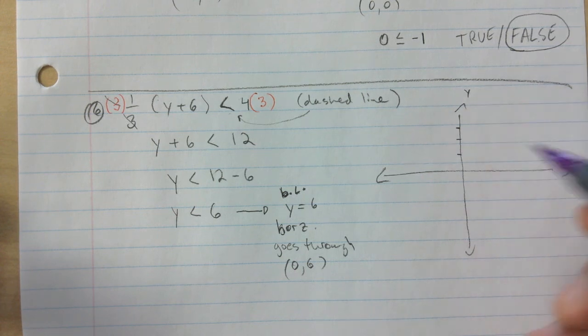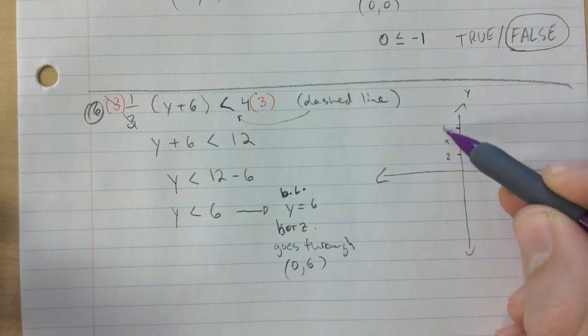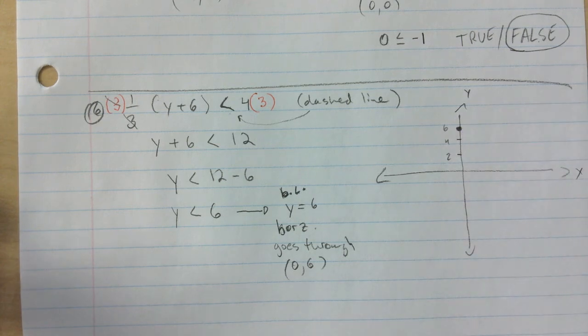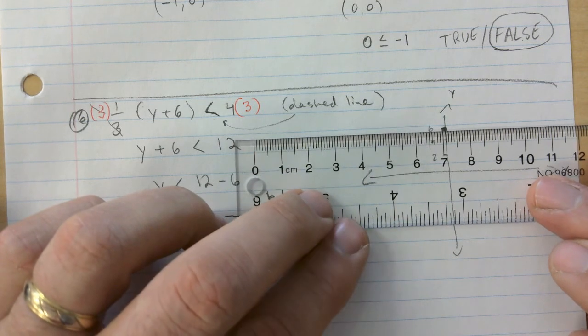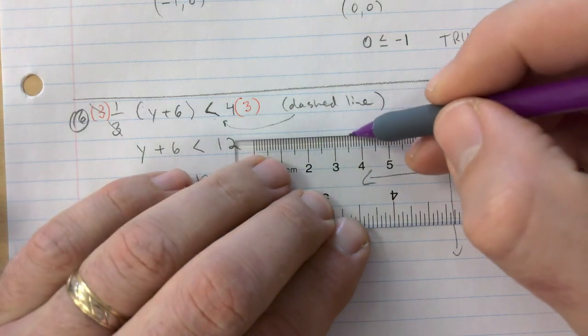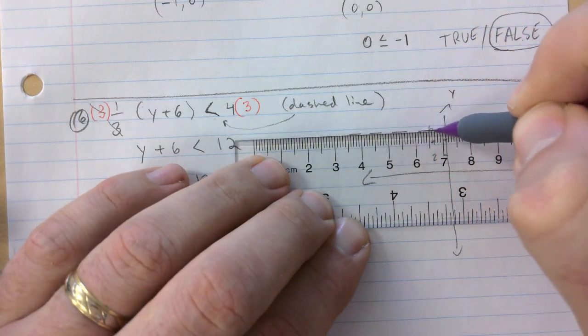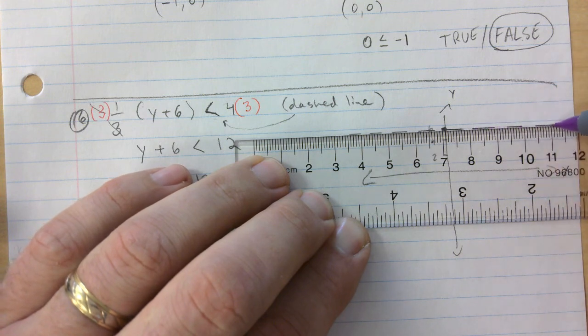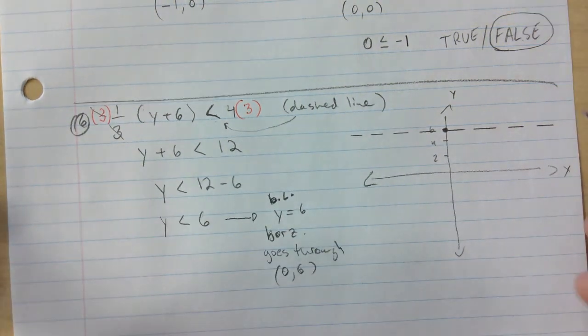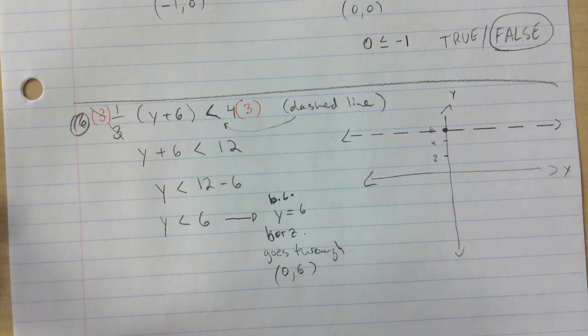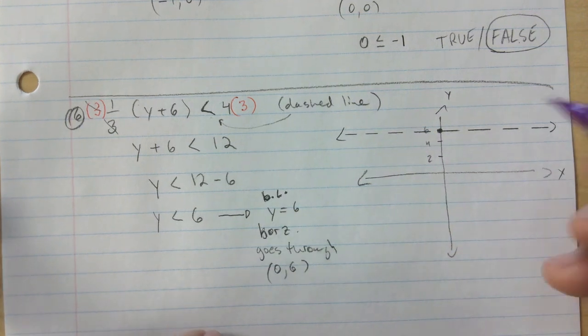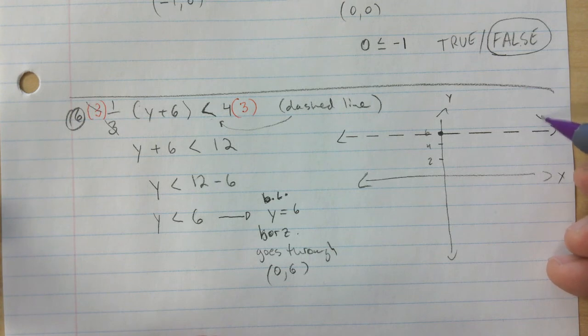I'm going to go x, y. This is 2, 4, 6. We're going through here. And it's dashed, so keep that in mind. If you ever forget that, all you need to do is use an eraser and erase chunks out of that line, and now it's a dashed line, right? So this is the y is equal to 6 line.